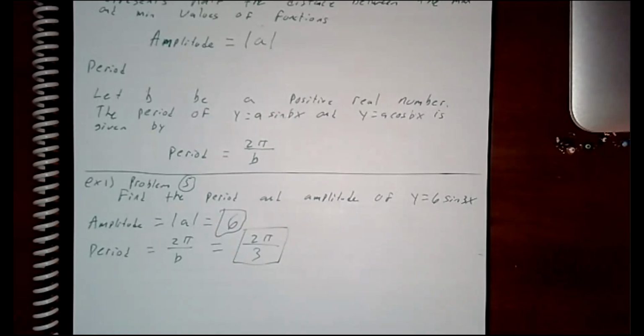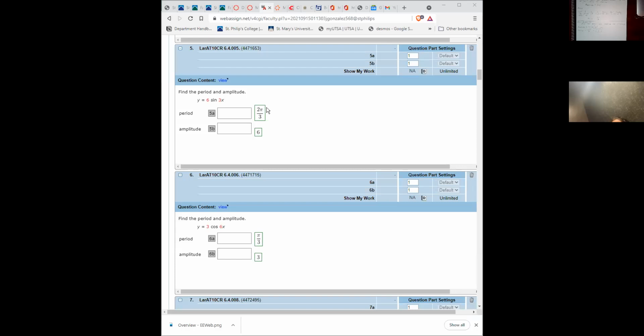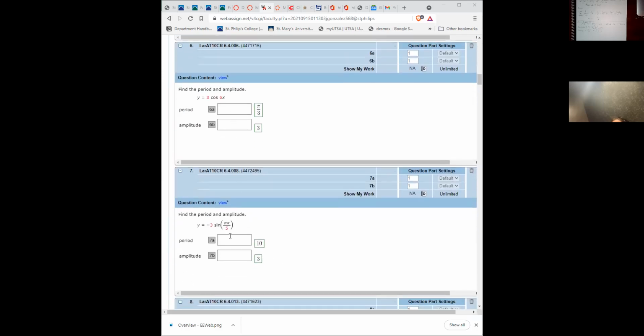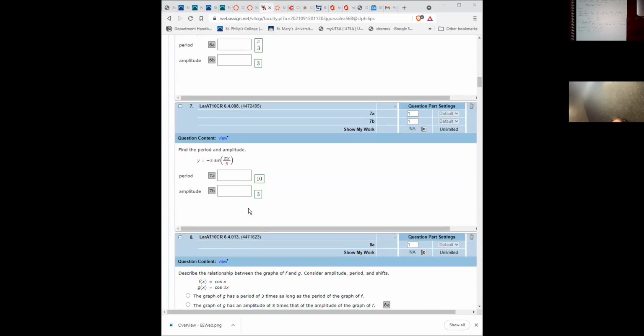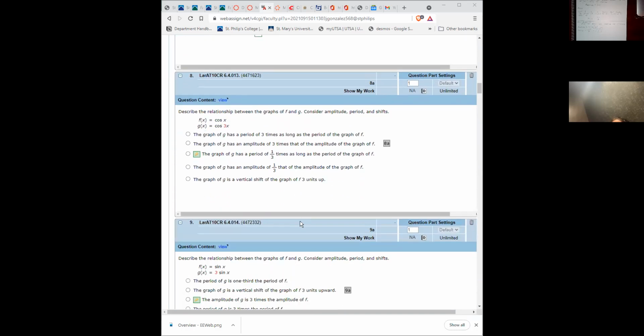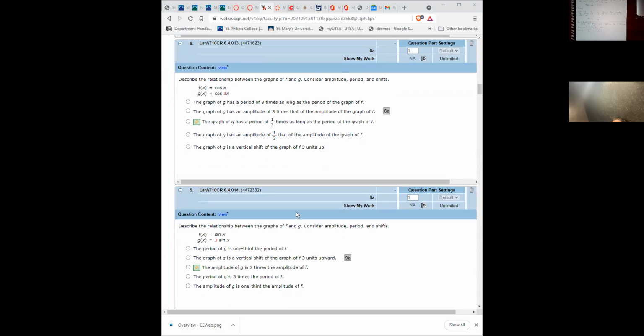Any questions on finding the period and amplitude? That's what they did here and here. So 5, 6, 7 is pretty much the exact same thing. They just start putting harder numbers. So let's move on. Guys, I have no question about amplitude or period.